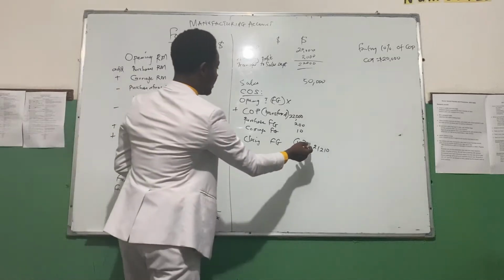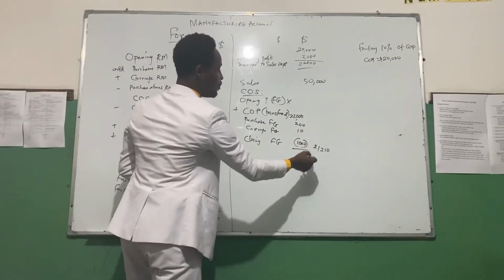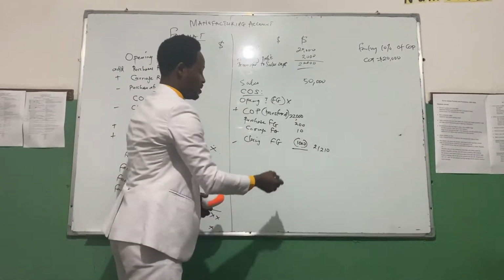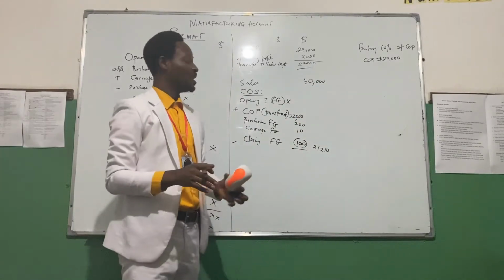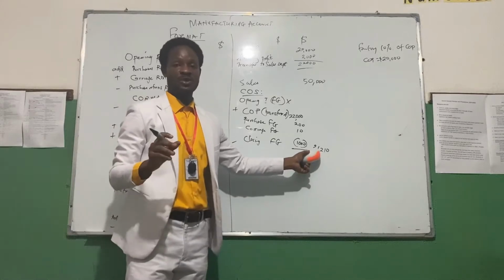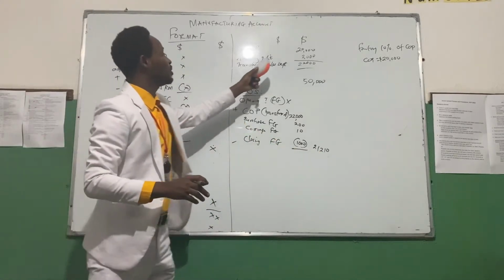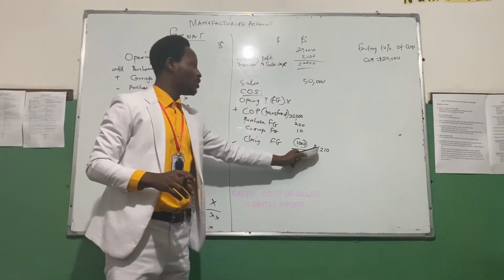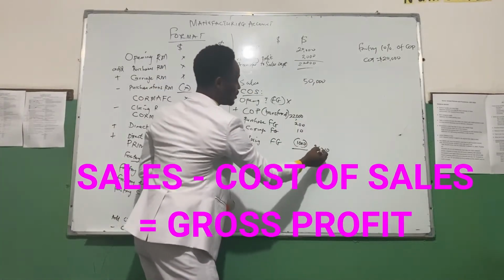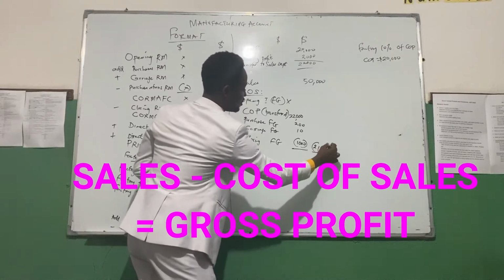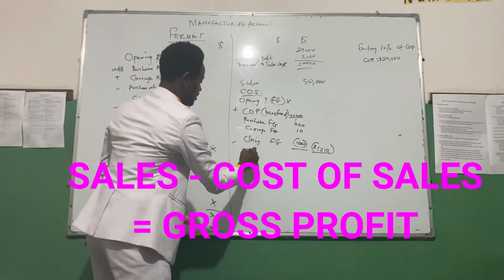Now, if this answer is our cost of production, then sales, I'm sorry, slip of tongue. This is cost of sales, not cost of production. We already got cost of production here. This is cost of sales. Now, sales minus cost of sales will give us gross profit.